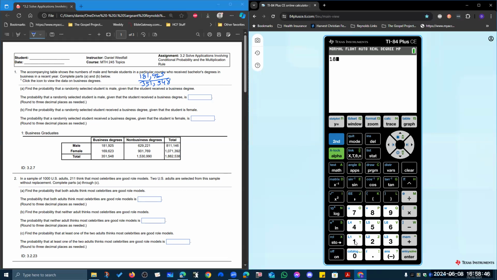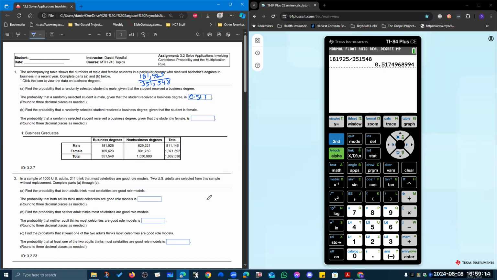So 181,925 divided by 351,548 is going to be 0.517. Since the fourth digit is a 4, which is less than 5, we're going to round down to 0.517.